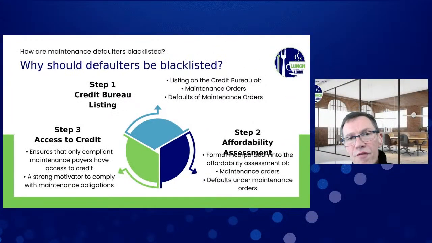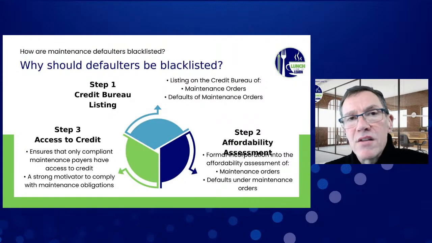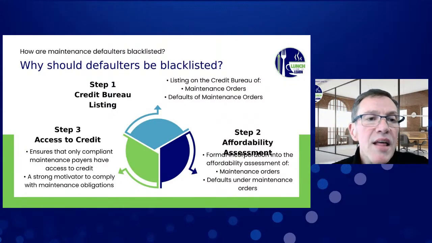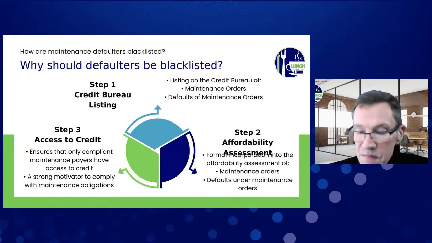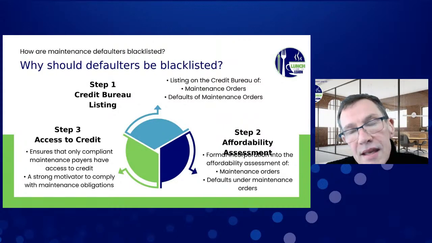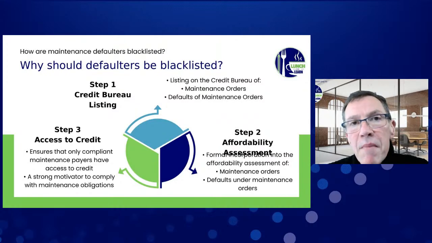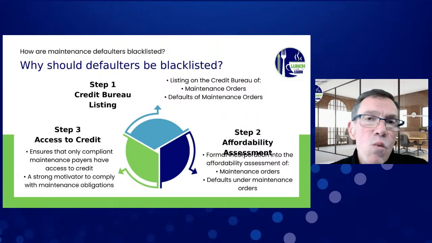So if one brings it back to the maintenance system now, yes, there is an obligation that maintenance orders need to be listed, because they are considered to be as if they are a civil judgment, as well as in terms of Section 31.